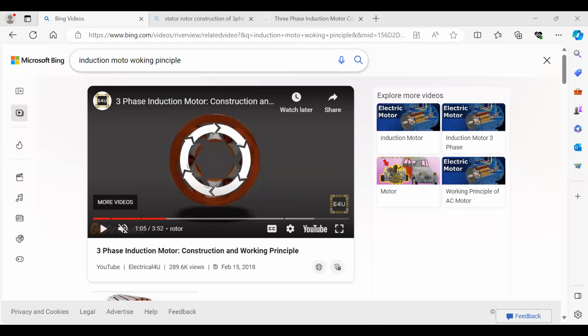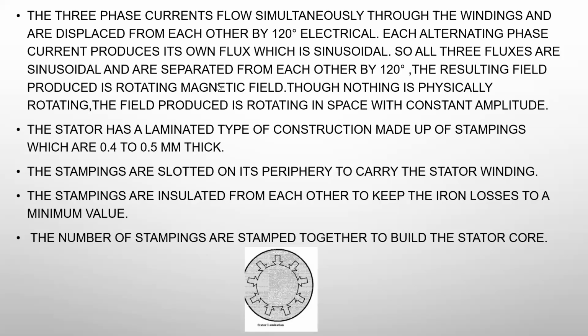This is our slide. Next, the three-phase currents flow simultaneously through the windings and are displaced from each other. As I have told, this star connected winding is displaced by 120 degrees. RY, this angle is 120 degrees. Each alternating phase current produces its own flux, which is sinusoidal.